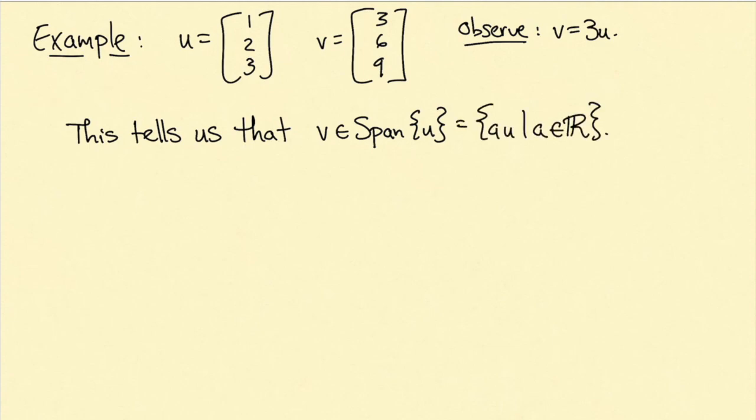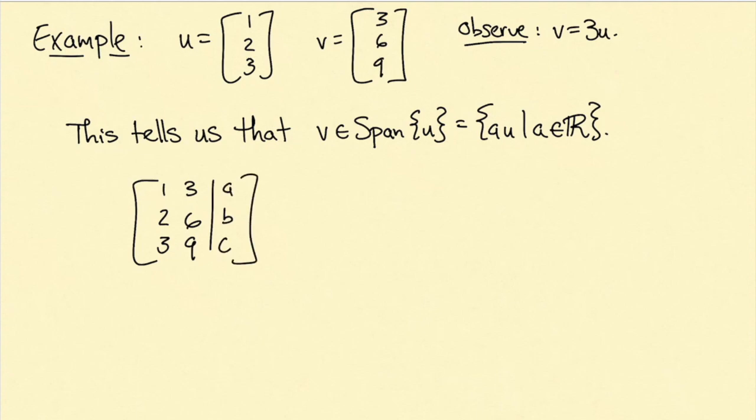So if we take a vector and throw in another vector that is in the span of that first vector, we should expect the span to not actually change. Let's take a look at this algebraically and confirm that our intuition is correct.